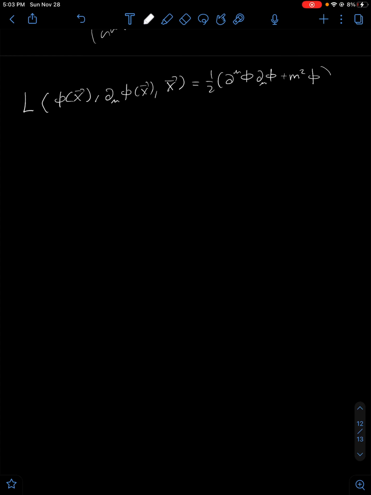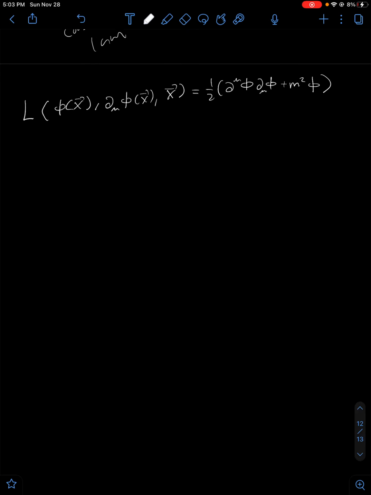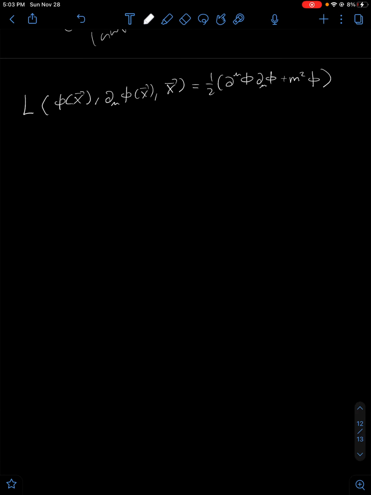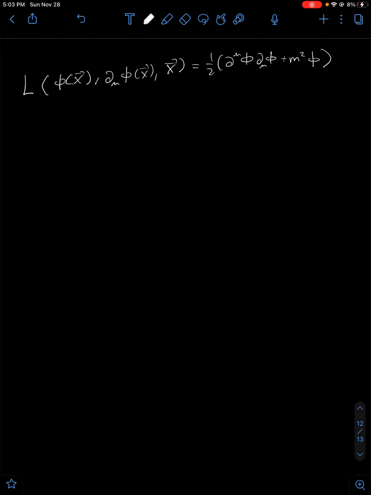I don't have the Lagrangian off the top of my head, so this might be a tad bit wrong, but the basic idea is that the Lagrangian for a free scalar field depends on phi, the derivative of phi, and x, and x with an arrow on it. Well, in the 4-position. That's what it's called. I forgot what it's called for a second.